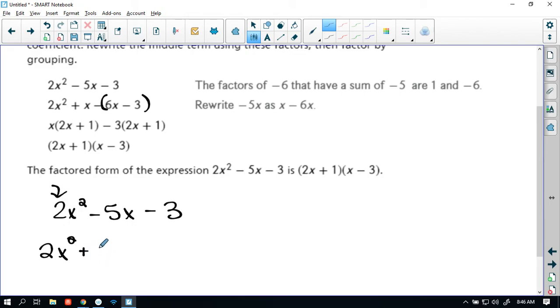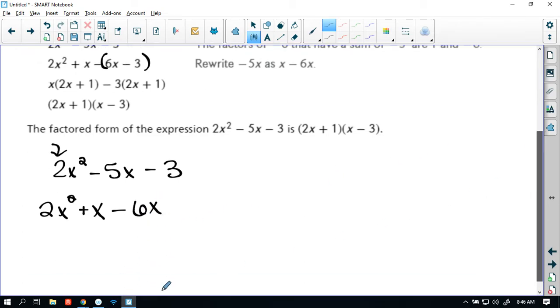They're going to go with a positive x minus a 6x. So again, we're looking at the p here and the q. That would make this here in the middle be negative 5 when added together. And then we just keep the minus 3. Now they group these values.